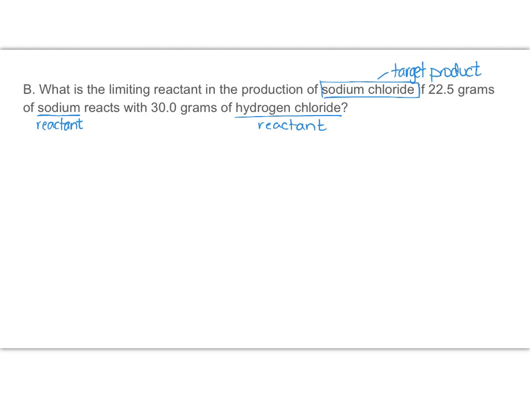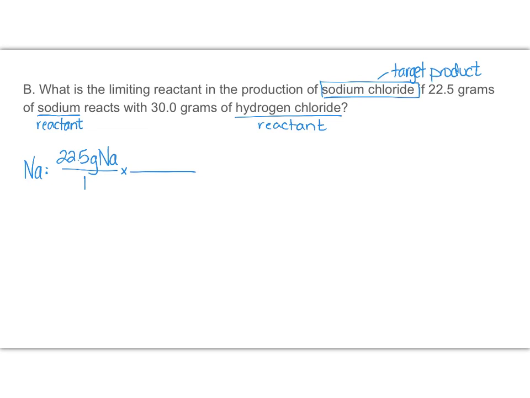So I can start with my sodium. The problem tells me that I'm starting with 22.5 grams of sodium. Now I need to figure out how much sodium chloride I can make in the end. But before I can switch to sodium chloride, I need to get into moles in order to use my balanced equation.